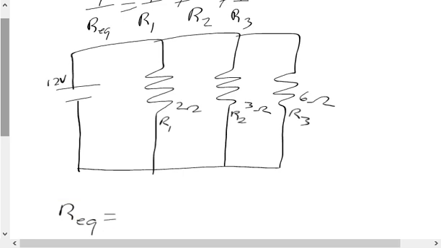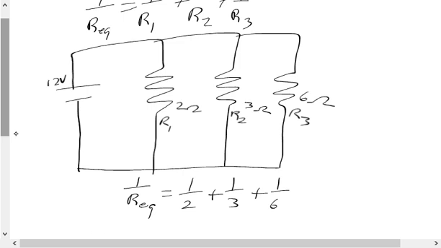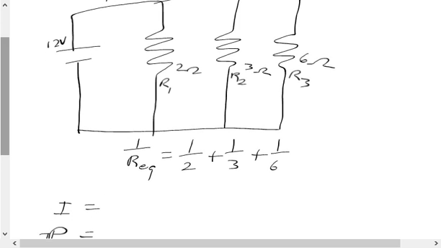All right, so that means that 1 over the equivalent resistance is equal to 1 over 2 plus 1 over 3 plus 1 over 6. And I need to find a common denominator and the whole bit. So let's do that. All right, so the common denominator will be 6. So 3 over 6 plus 2 over 6 plus 1 over 6.